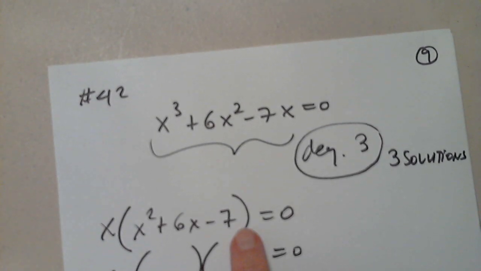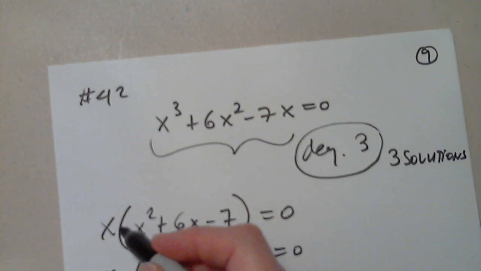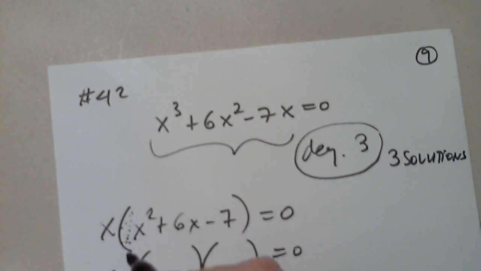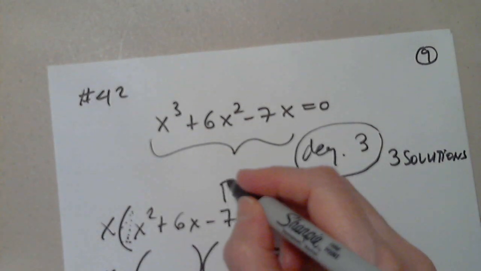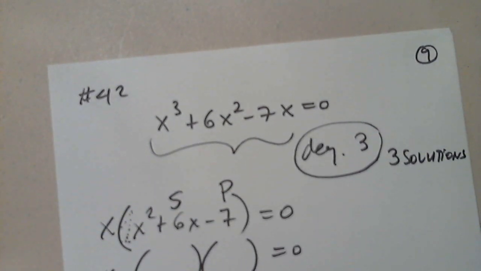And now we already know how to factor this. This is not a difficult situation. It's not a special product, but it's not difficult because the leading coefficient is 1. So this is the product and this is the sum. We don't need to involve the leading coefficient because it's 1. So what do I do? Can anyone give us the factor form of x squared plus 6x minus 7?